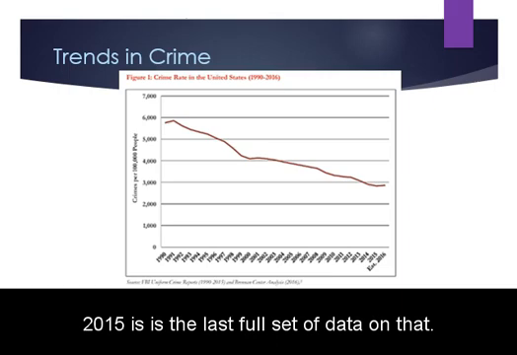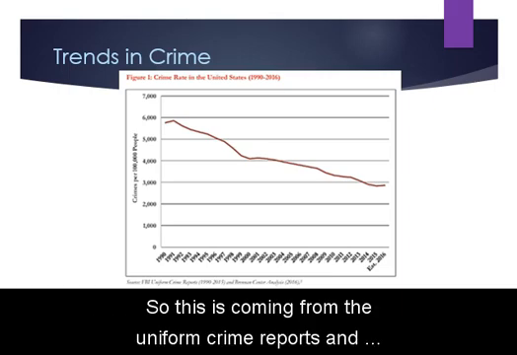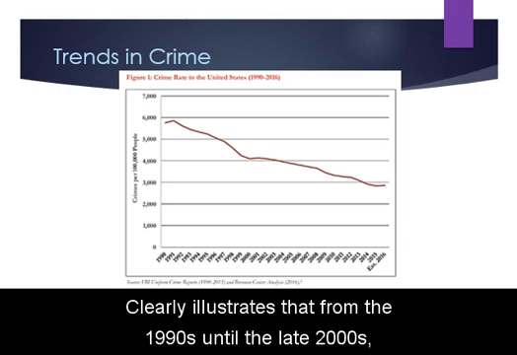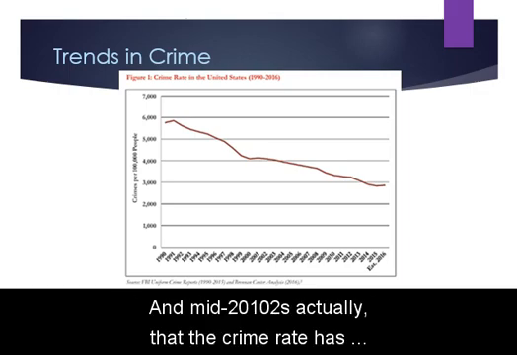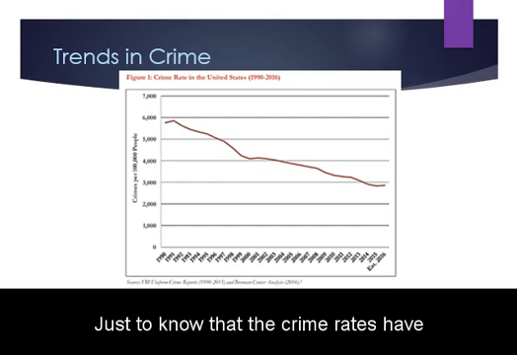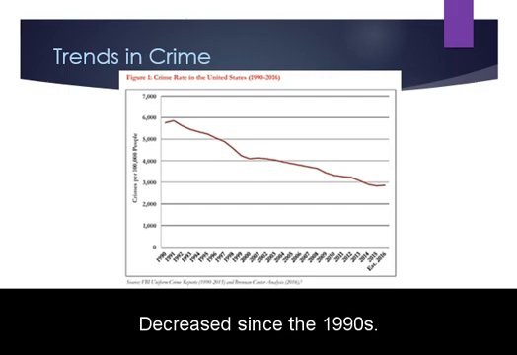This is coming from the Uniform Crime Reports, and this figure in particular is the overarching crime rate, and this clearly illustrates that from the 1990s until the mid 2010s, the crime rate has decreased substantially. So just know that crime rates have decreased since the 1990s.